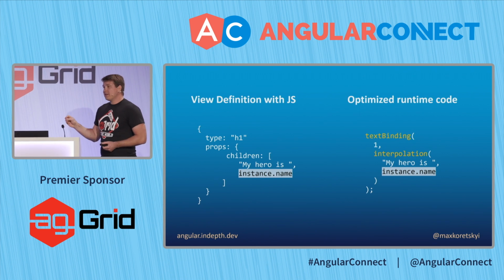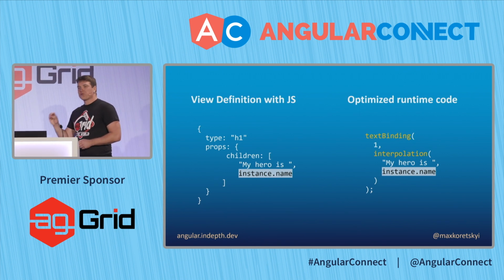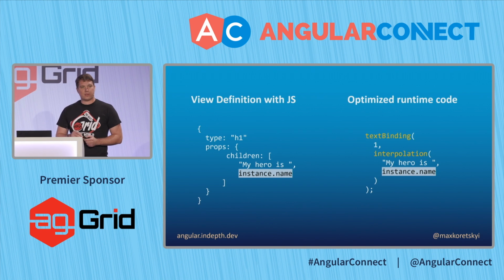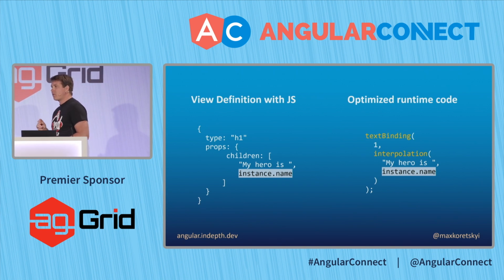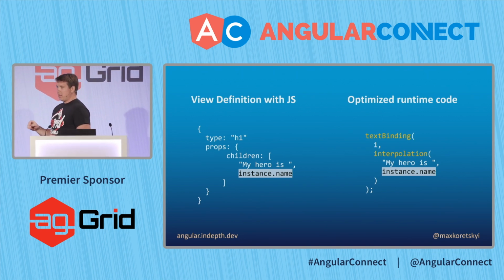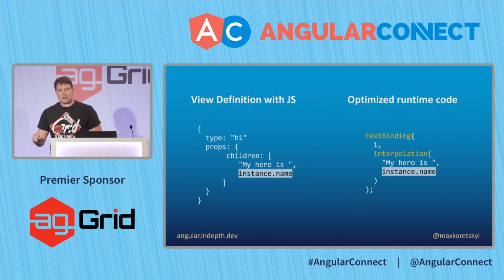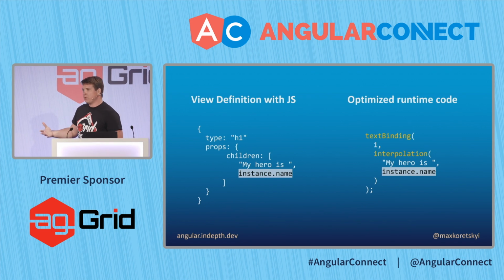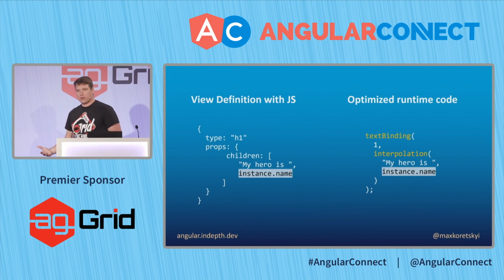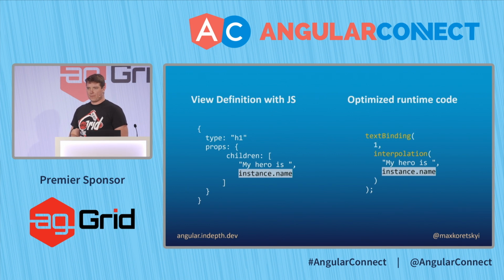Whereas Angular's compiler produces runtime code, and which is more important, it produces direct render instructions. These instructions are very fast, and they allow you to process changes in the framework in a very short amount of time.